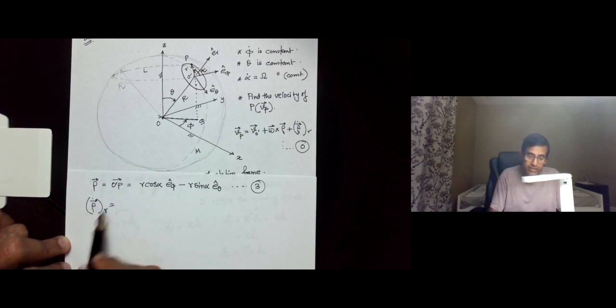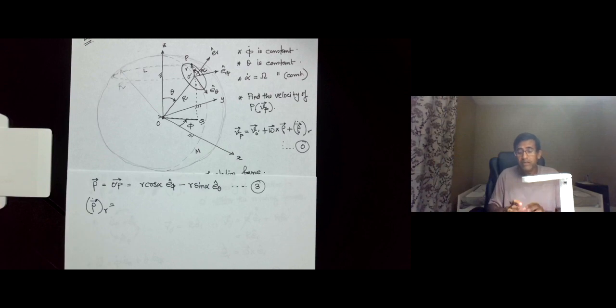This is a special derivative where we do not differentiate these rotating vectors. What that does is it gives us the velocity of P with respect to O prime within that rotating frame. So for the moment you forget that the frame is rotating and you take the derivative.